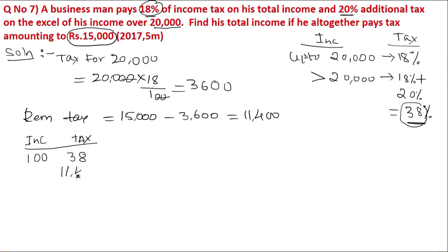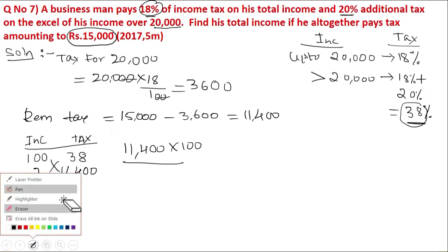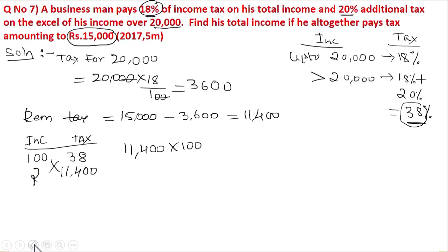So for 11,400, what is the income? It is cross multiplication. 11,400 into 100 divided by 38. I think it is the same problem we did previously.